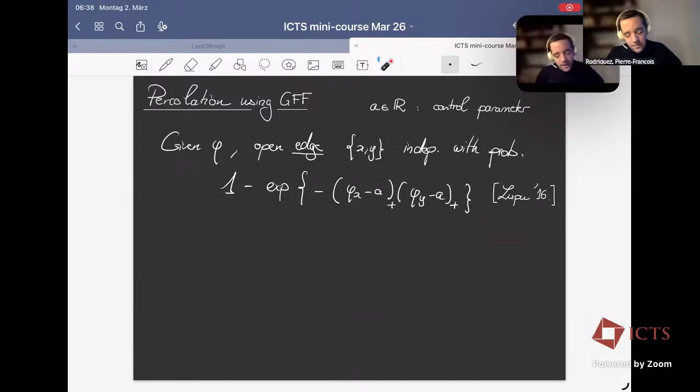Again, I have my level, my control parameter, which plays the role of p, and I'm calling it a. The way I choose to open and close edges is maybe not the naivest way that you could do things. I'm going to come back to what the naivest way is in the second lecture.